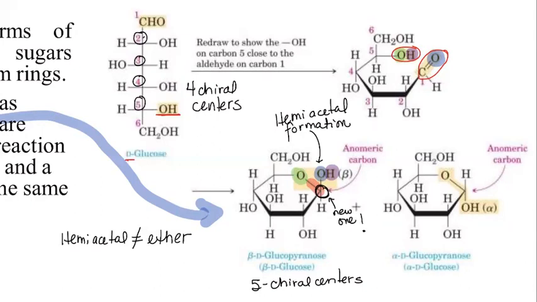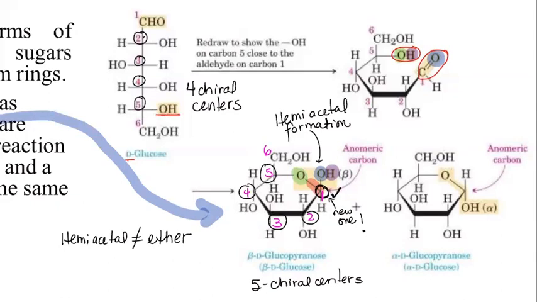If you want to keep track of the numbers, let me write them here because they were not put. Let me use the correct numbering. This is carbon 1. This is carbon 2, 3, 4, 5, and 6. So the previous 4 chiral centers are still here, 2, 3, 4, 5. So we just created this new one.